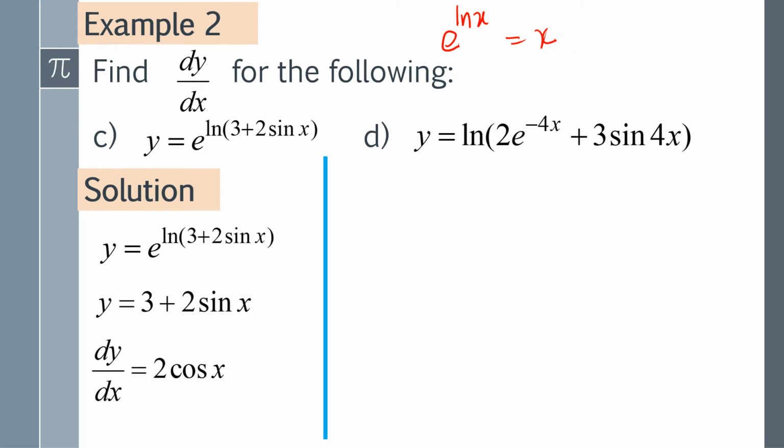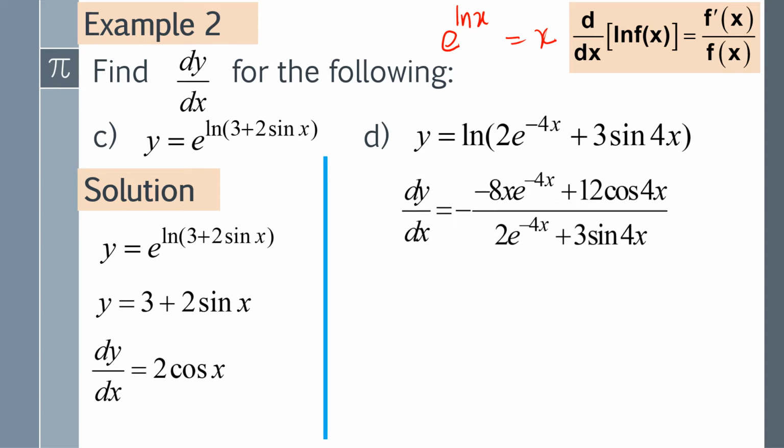For this question, we cannot use the law of log, but we will use d/dx of ln f(x) equals f prime x over f(x). So we just copy 2e to the power of negative 4x plus 3 sin 4x and put it at the bottom. Next, we differentiate 2e to the power of negative 4x plus 3 sin 4x and put it at the top.